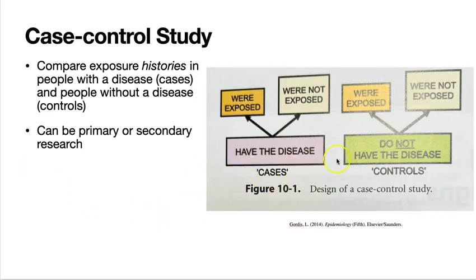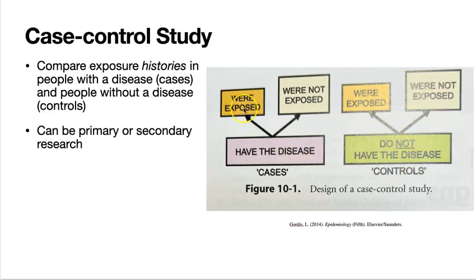So if we have a case, we have the disease. Sometimes we use this for foodborne illness. So if we have people who have a disease, they have a tummy issue after eating at a picnic. Okay. Then we have other people who don't have a tummy issue. Did these people eat at the picnic? Well, we'll look back and see, well, most of these people didn't eat at the picnic.